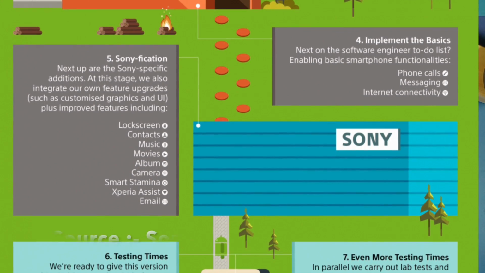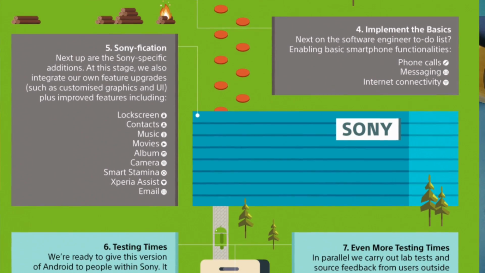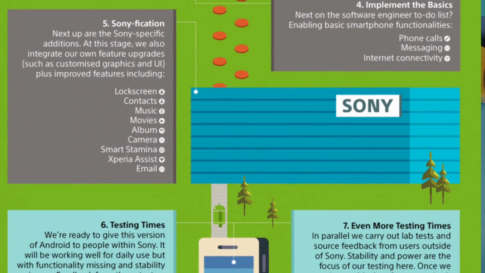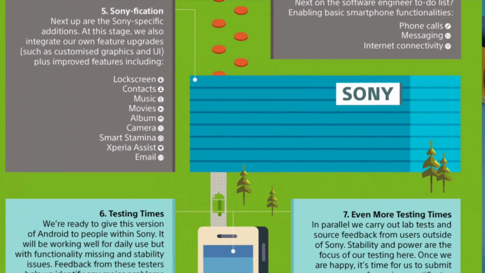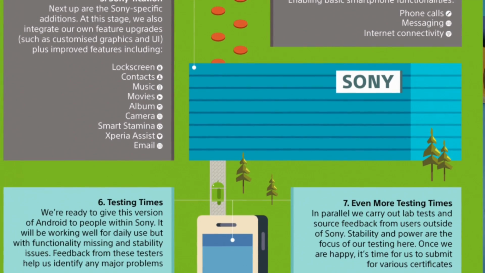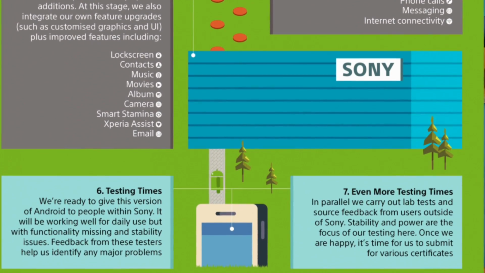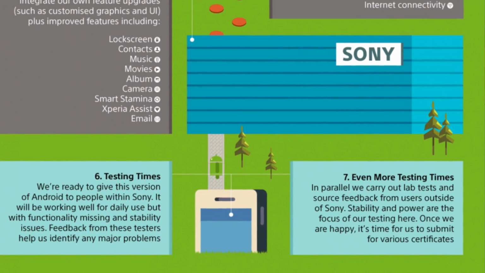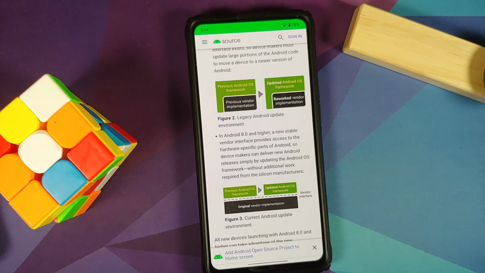So you have three different parts, right? You have Google's Android, then you have a software part from say Qualcomm, and then you have this fingerprint on display implementation from say Xiaomi. If this device was released prior to Android 8.0 Oreo, all of those would be bundled inside the system. Now this was causing issues.